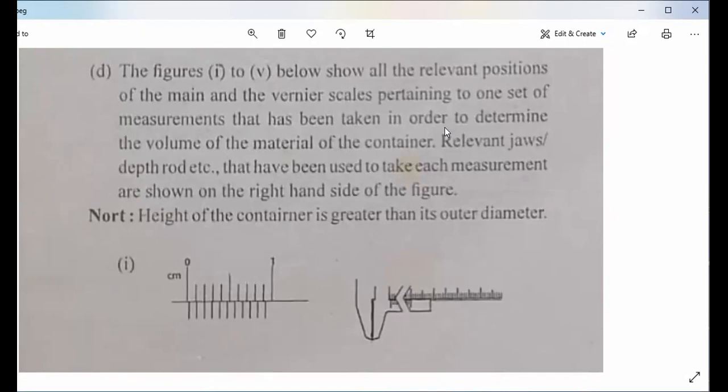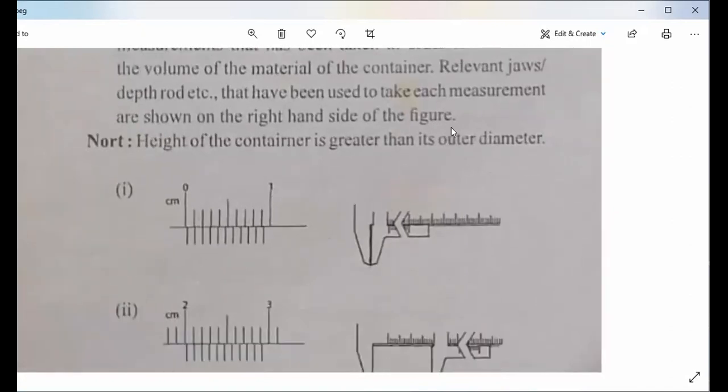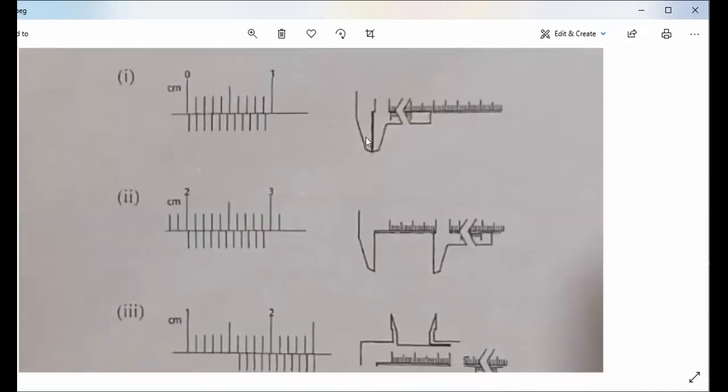Relevant jaws and depth rod that are being used to take each measurement are shown below on the right hand side of the figure. Here external jaws touch each other. Here there's a gap between external jaws.